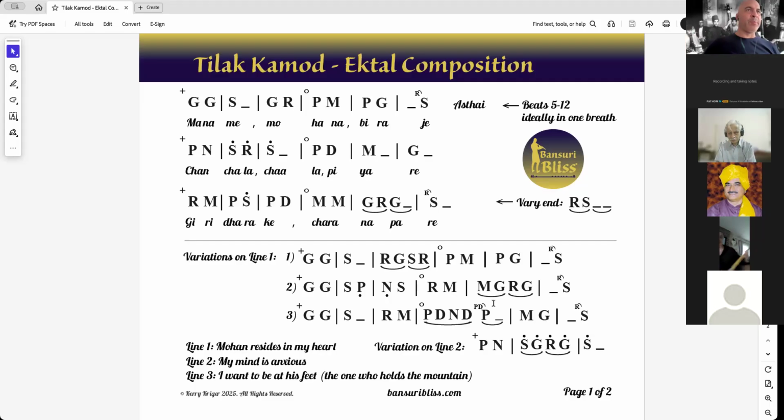Alright, if you're playing fast, that's going to be hard. I don't usually go 4x speed when I'm playing a fast ektal, which I consider this composition to be a fast ektal. But maybe if you're at the start and it's not going too fast and you're good and you practice it, then you can get it to sound good.